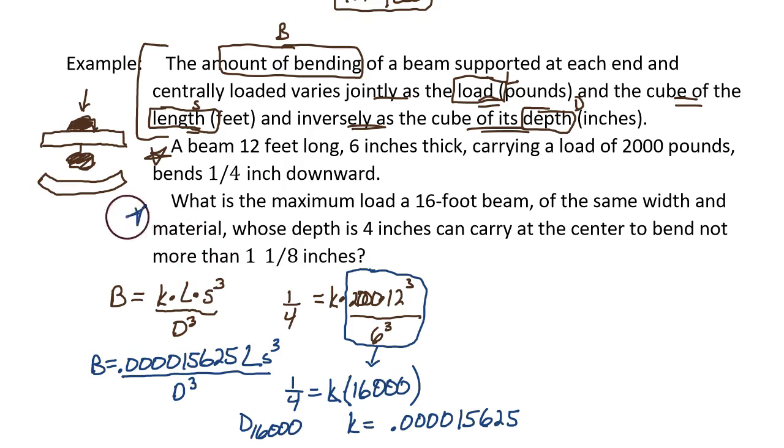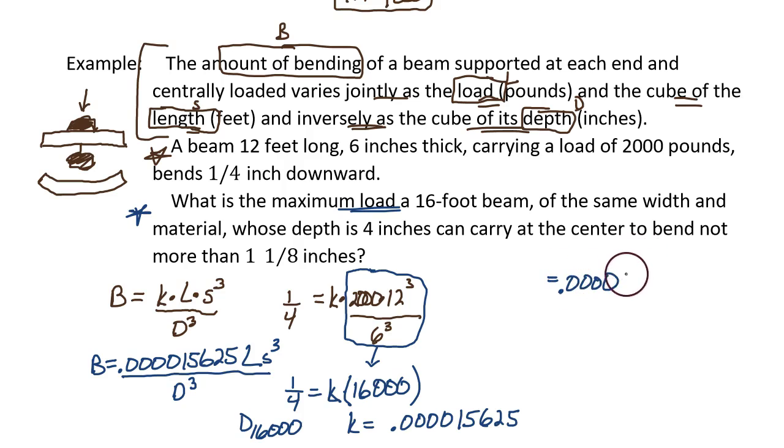Finally, we're ready to go to the last paragraph where it asked us, what is the maximum load? That's the letter L. So we want to find an answer for L when we're able to fill in every other letter with a number. So it says we have a 16-foot beam. That's the length, which I was using the letter S for.